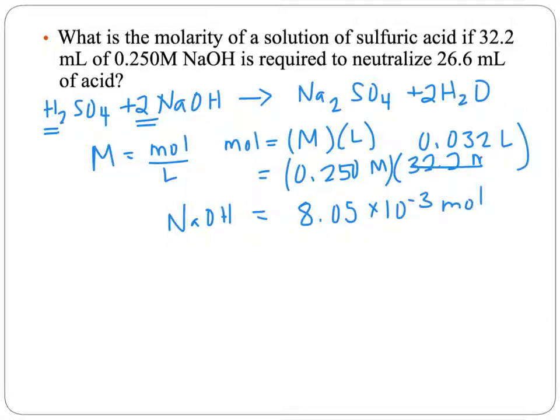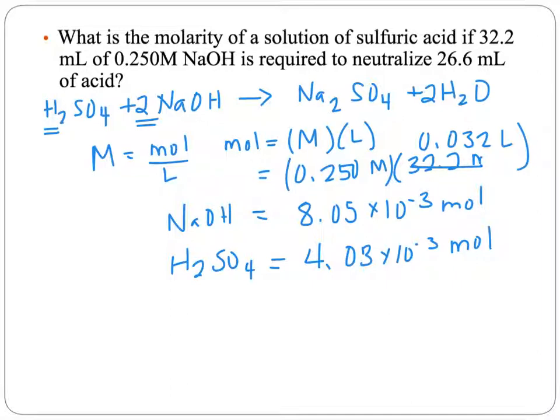So now we have our moles of sodium hydroxide. Remember, it's a 2-to-1 ratio, so we're only going to need half as much sulfuric acid because it is able to provide 2 hydrogens for every mole of reactant, or 2 moles of hydrogens, and so we're only going to need 4.03 times 10 to the negative 3 moles of the sulfuric acid.